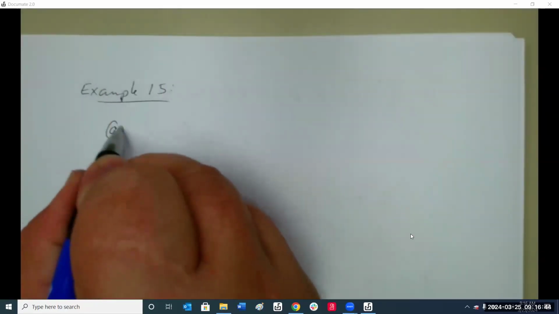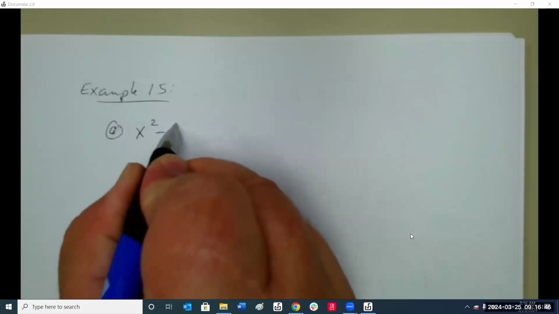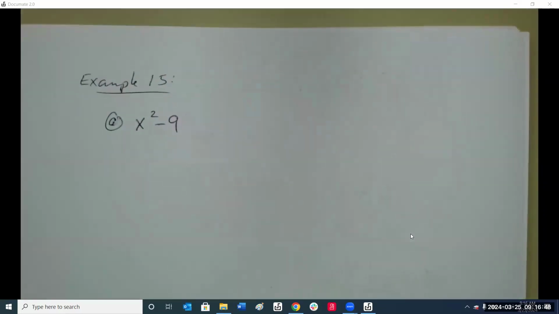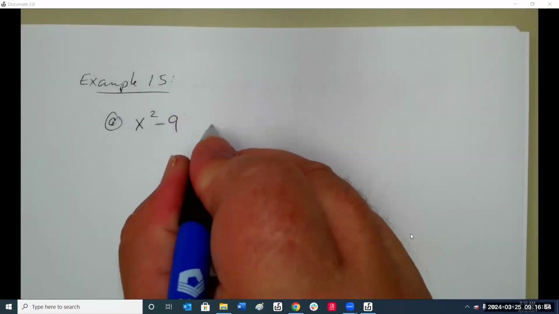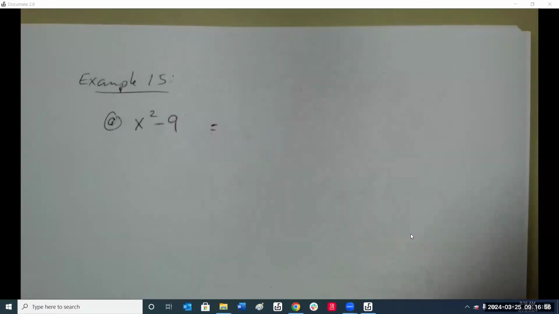So let's look at factoring now. Example 15. X squared minus 9. So what's that going to come from?